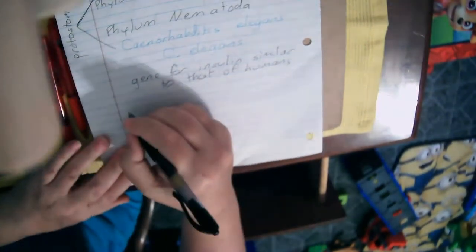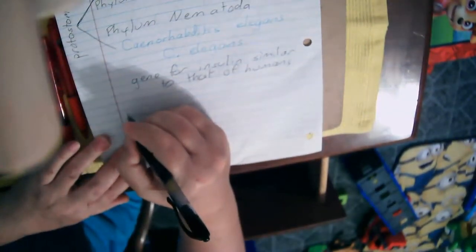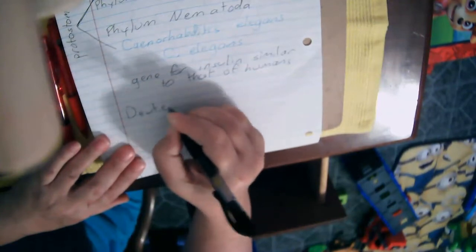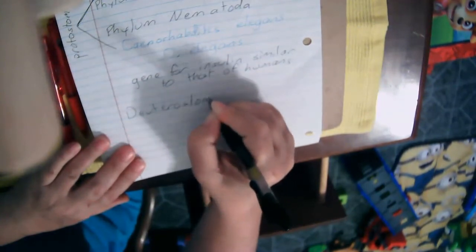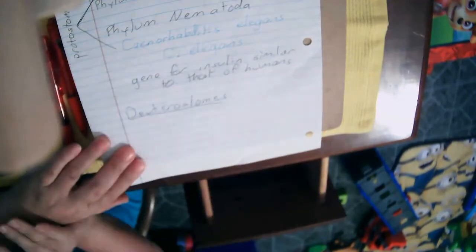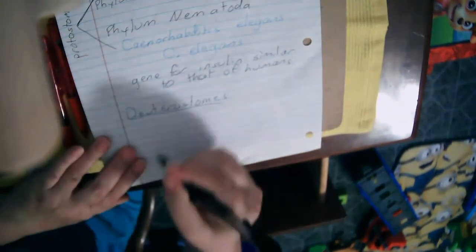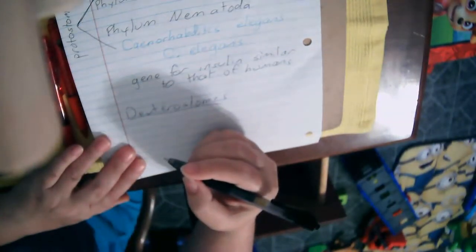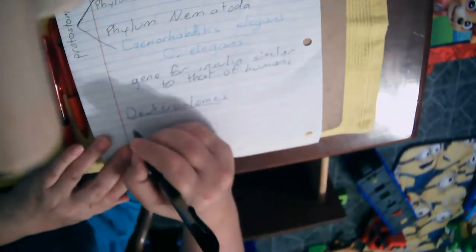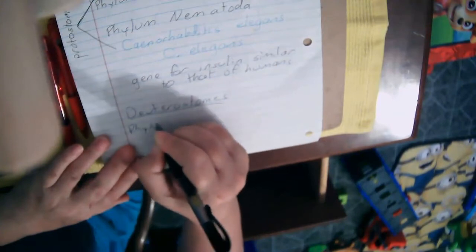All right, I think that's it. The only other group that we study that is a deuterostome. Deuterostomes have a body cavity, they have a coelom, but their anus develops before their mouth. And the only invertebrate that is a deuterostome is going to be the phylum Echinodermata.